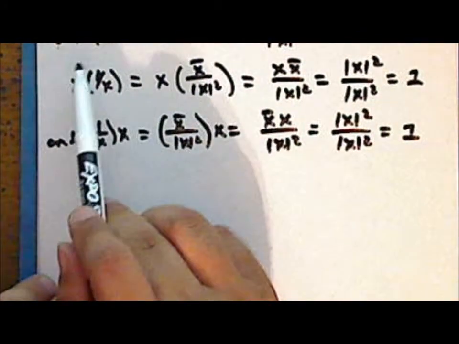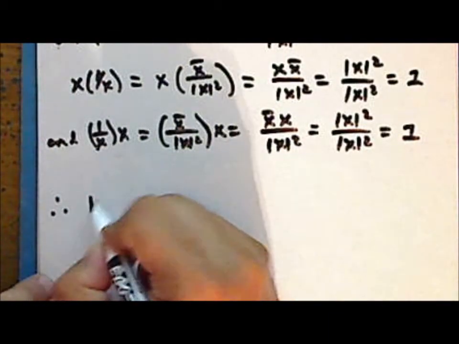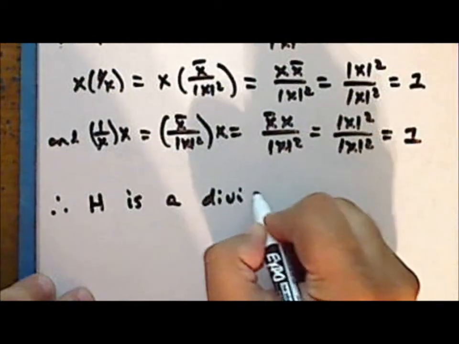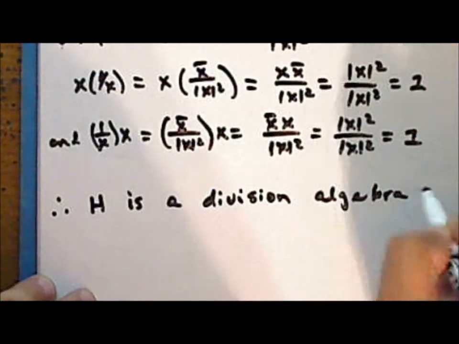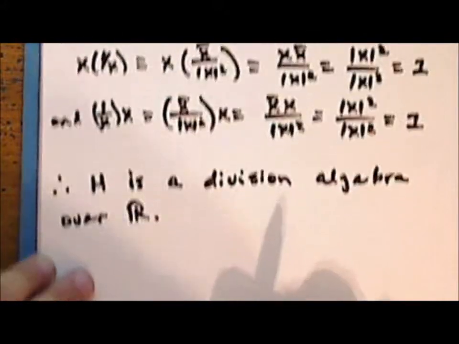And so every non-zero quaternion has a multiplicative inverse, and therefore the quaternions is a division algebra over the field of reals.